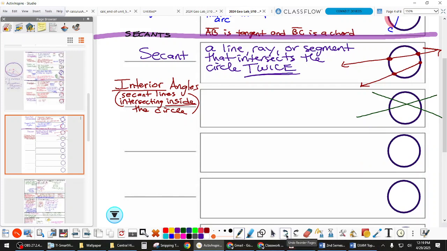So where we left off was we need to go label the points, just so we have something to reference. So we just call those A, B, C, D. And then let's just make one of these angles, we'll just call it angle 1.